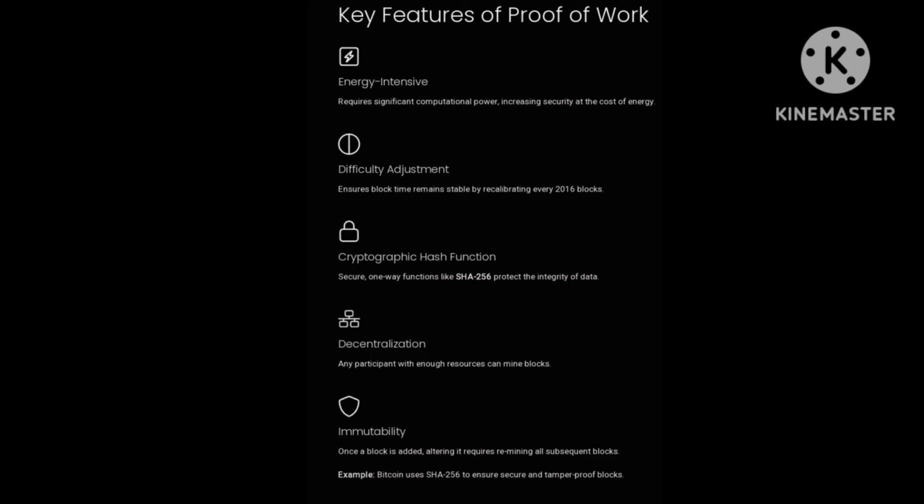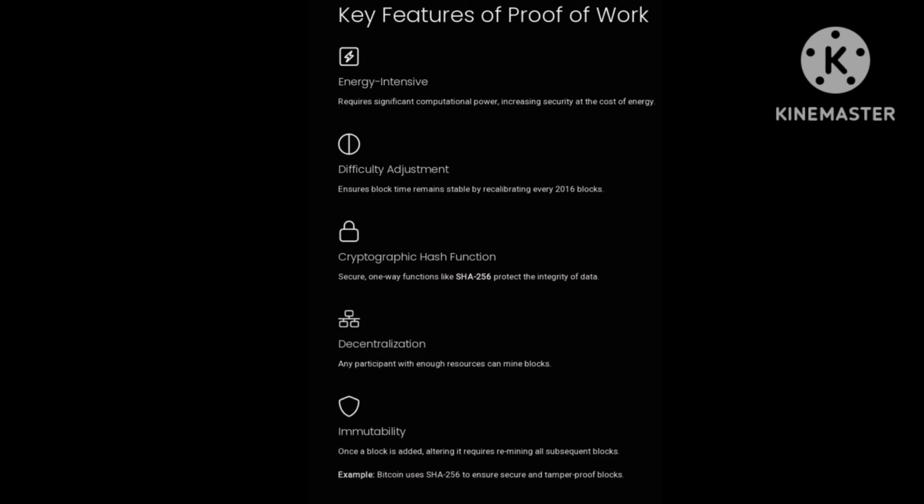Slide 6. Key features of proof of work. 1. Energy intensive. Mining requires substantial computational power, which enhances security but raises energy concerns. 2. Difficulty adjustment. The network recalibrates the puzzle's difficulty every 2016 blocks to maintain a consistent block time, approximately 10 minutes for Bitcoin. 3. Cryptographic hash function.